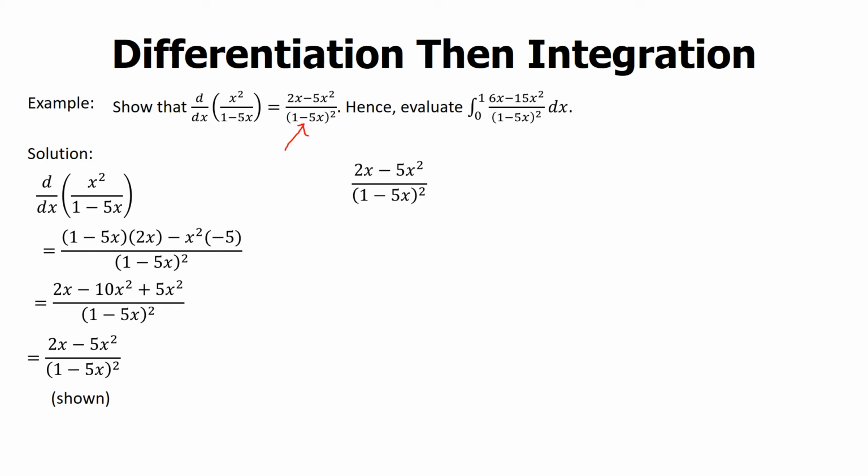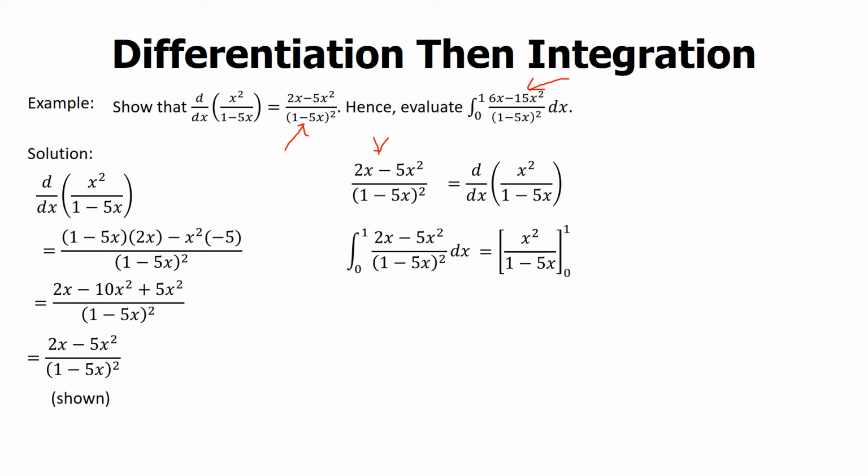Next, we want to integrate the expression given. So we should start from this, which is 2x minus 5x squared over 1 minus 5x squared equals d over dx of x squared over 1 minus 5x. Now I integrate from 0 to 1, 2x minus 5x squared over 1 minus 5x squared dx equals x squared over 1 minus 5x from 0 to 1.